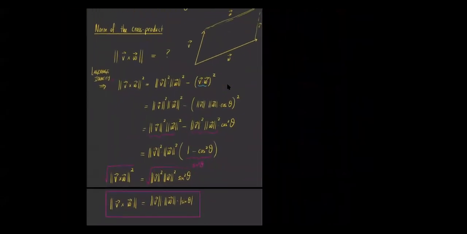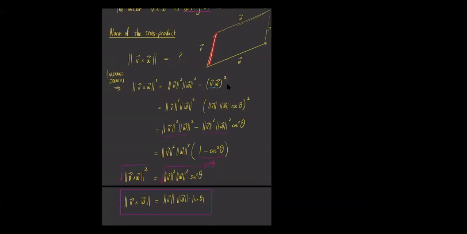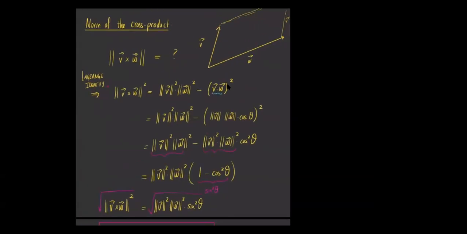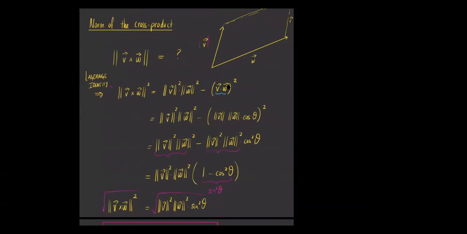Go back to that little diagram that I drew, right? First of all, what kind of shape is this? It's a parallelogram. This side length is what? Not v, but the norm of v. That's the side length. And then what's the side length here? The norm of w. And then what's the angle between them?